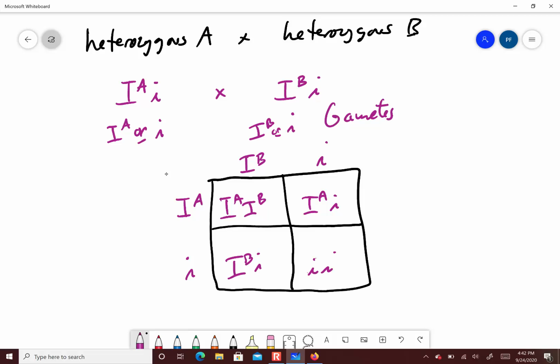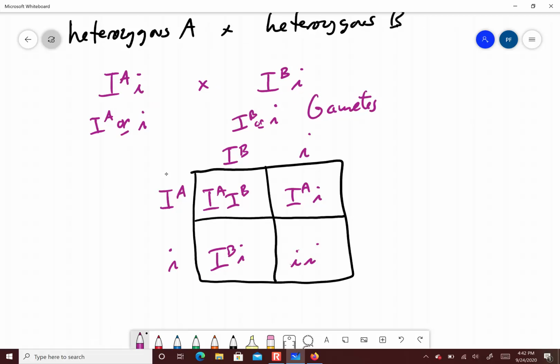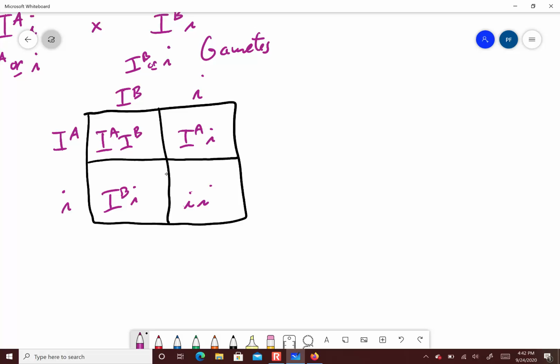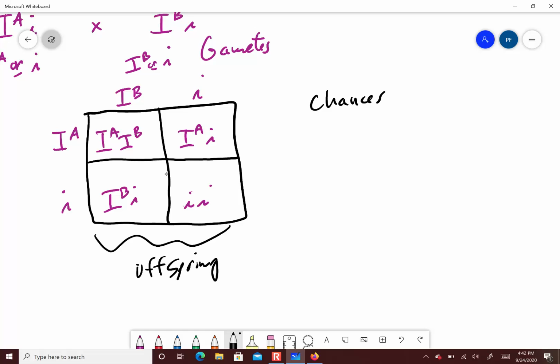All right, so we've filled in our Punnett square. So now ratio for this, we'll do this a little different. What are the chances? Remember, these are offspring, right? Since we're doing human ABO blood types, these are possible genotypes that this couple's baby could have.